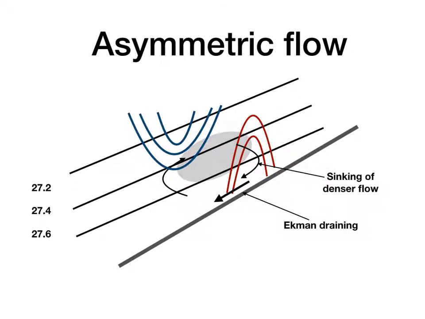Okay, so what I think might be happening in the asymmetric case is that if you have entrainment happening across a range of isopycnals, the denser flow will always sink to the slope. You also have the effect of the Ekman draining. I don't know if this is the direct cause of the sinking.